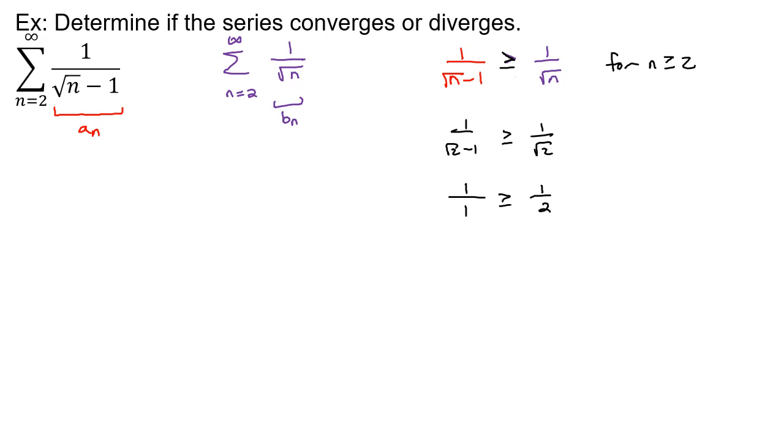Then I have to know something about this series. Well, it is also a p-series. Officially, a p-series has to start when n equals 1. So we could actually back this up and say n equals 1 to infinity. But pretend that was a 1 for a moment.